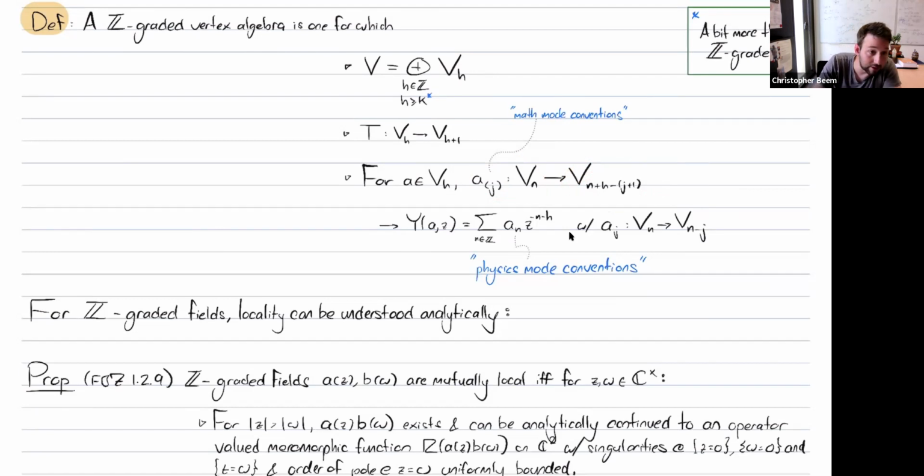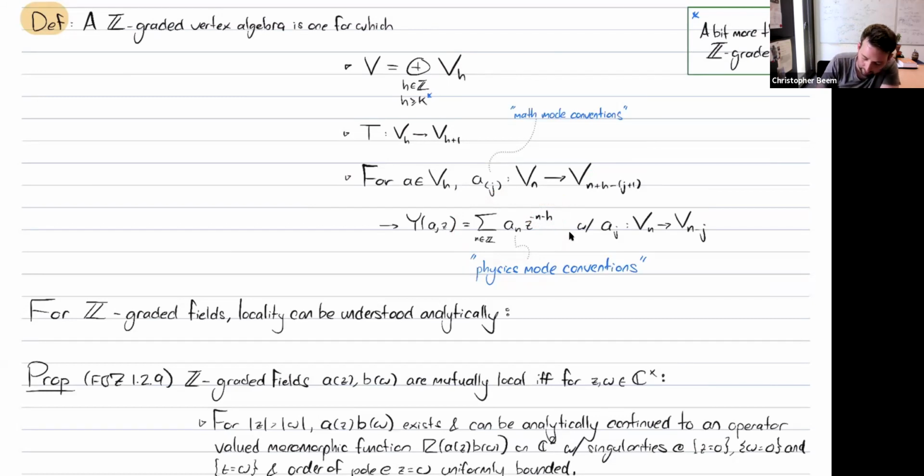It makes sense in this graded setting to redefine the moding. And now I'm going to say that the same field associated to an element A has this expansion, where instead of having minus n minus 1 in this exponent, I have minus n minus h. And that's the thing that you run into in physics textbooks, where h is the conformal dimension of the associated operator.